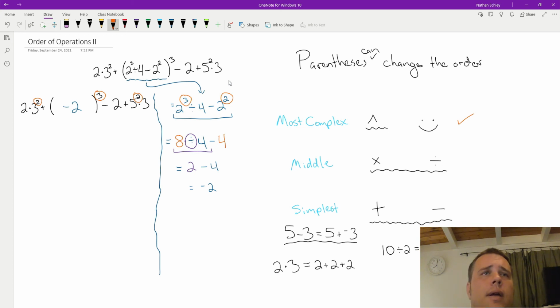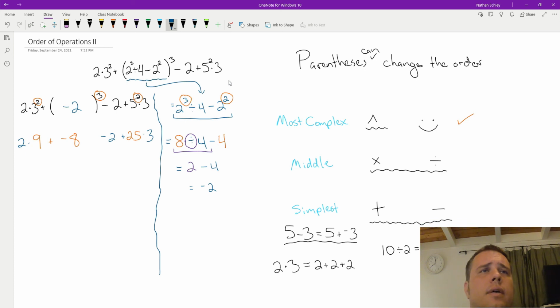So 3 squared is 9. -2 cubed is -2 times -2, which is 4, and then we switch signs again to -8. So 9 plus -8, and then over here this is 5 squared, which is 25, and multiplying that by 3, I've got this 2 here that I'm subtracting, and I don't want to forget that 2 in the front either.